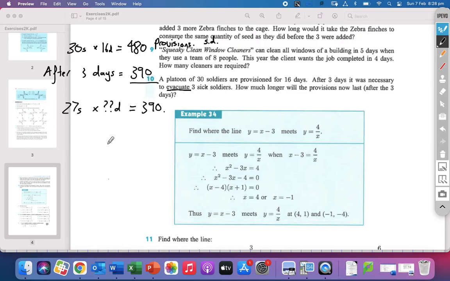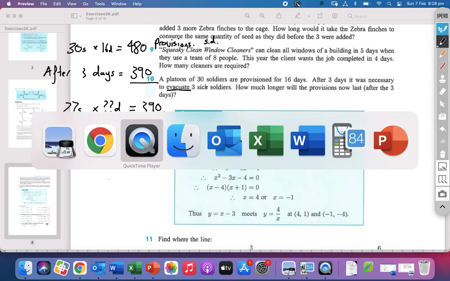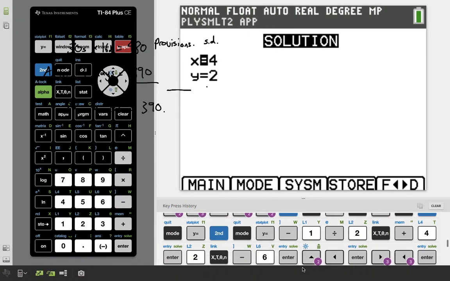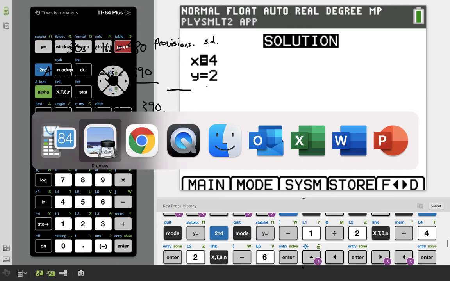390 divide 27. I don't know what that is, so I'm going to go to a calculator now to work out the answer. There we go. Oh, I know what's happening.